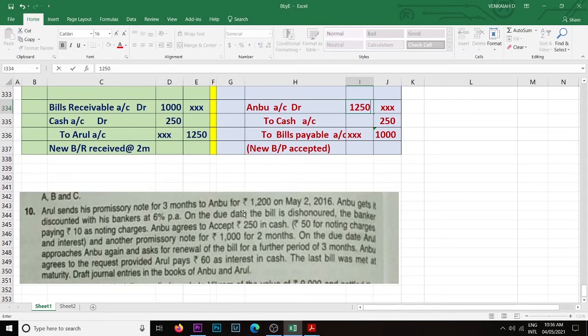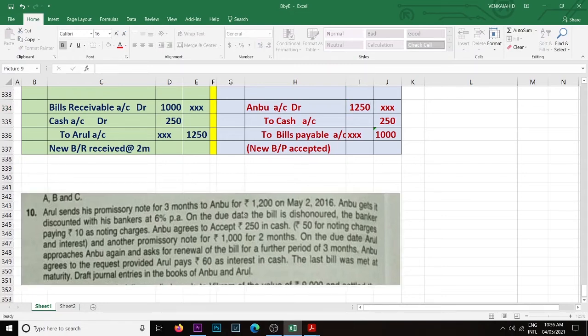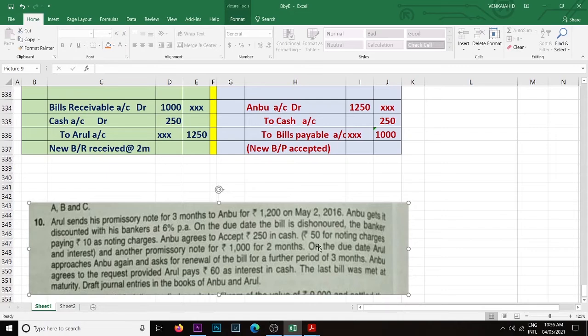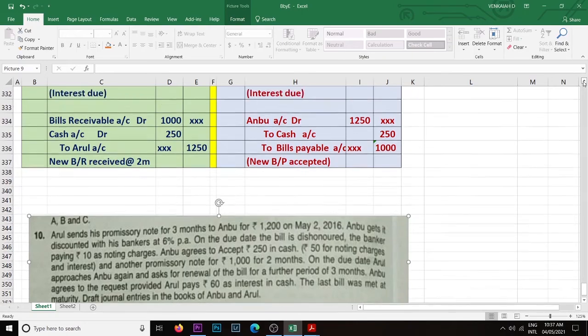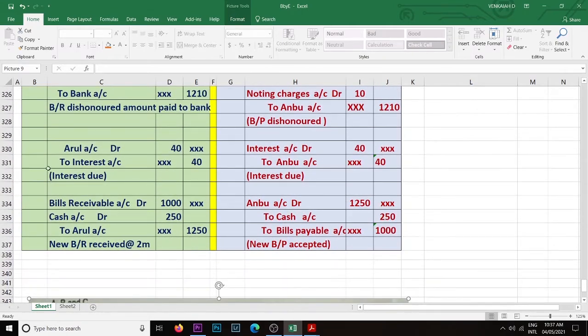Now a fresh bill is there. That bill amount is how much? 1000 for 2 months. On the due date, Arul approaches Anbu again, asks for a renewal of the bill for a further period of 3 months. Anbu agrees to the request provided Arul pays ₹60 as interest in cash. Again, one more interest and bill amount.